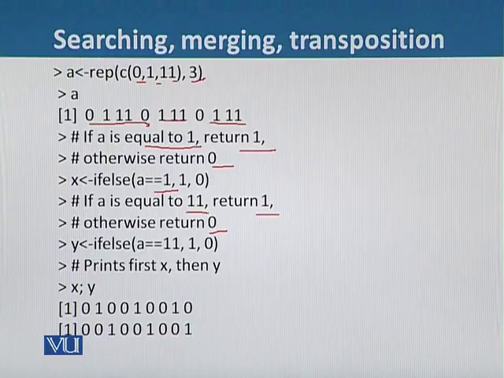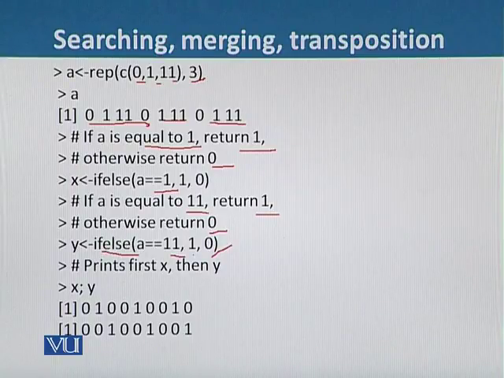So it means if some variable is equal to 1, then it will be processed, otherwise 0 will be written. And further, we say the ifelse command is used: if a is equal to 11, then again it will be written as 1 as true, and otherwise it will return 0.